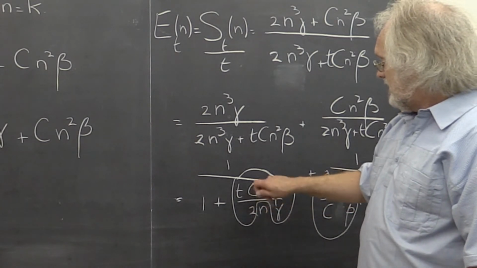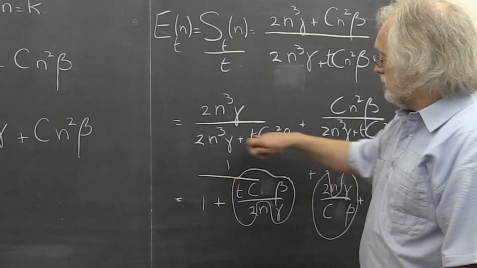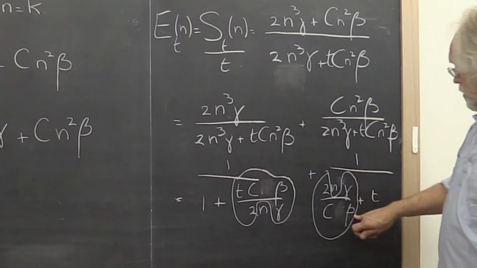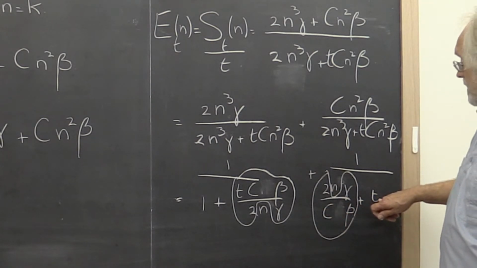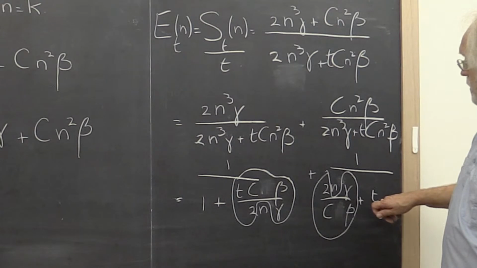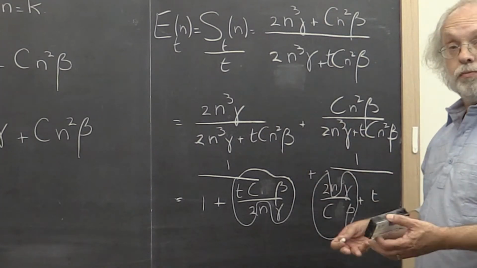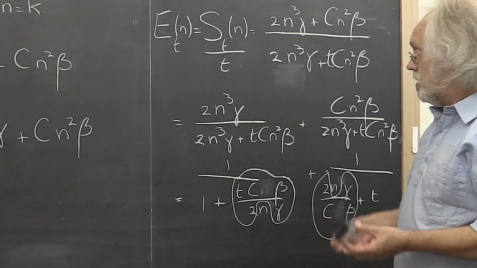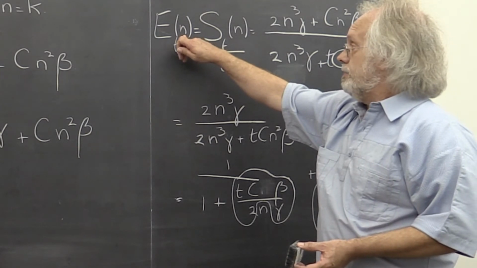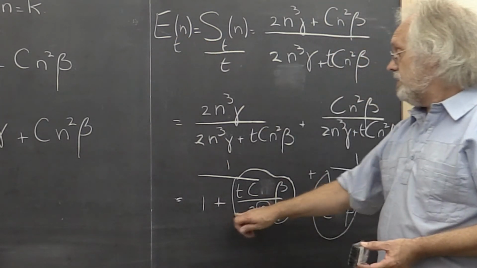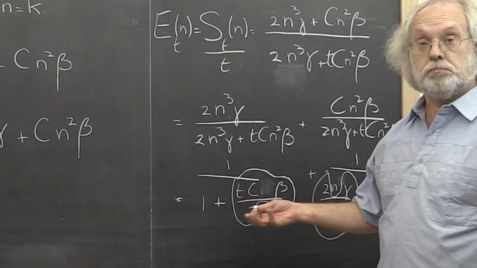And what you notice is that this here starts going to 0, so this term here becomes 1, and this term right here becomes very large, overwhelming the t, and as a matter of fact adding t to it just makes it larger, and therefore this term eventually becomes very small, starts tending to 0. So what do we conclude? If we can make our problem n large enough, then our efficiency eventually becomes 1, 100%. That's pretty good.